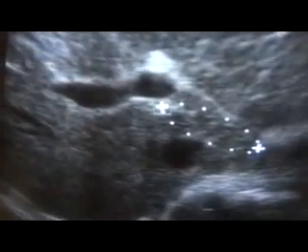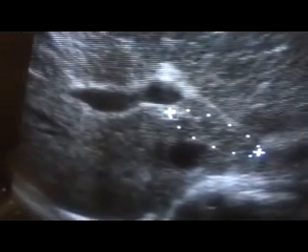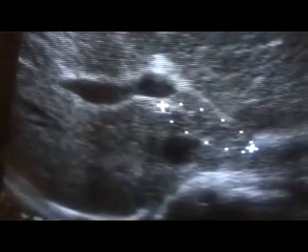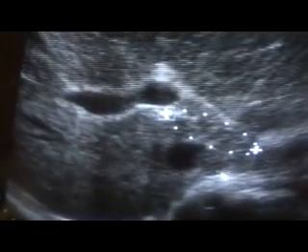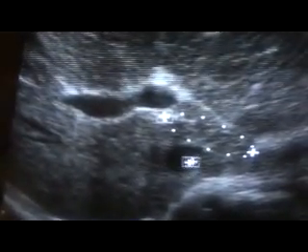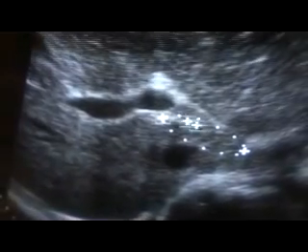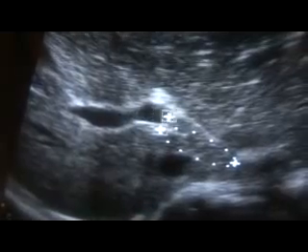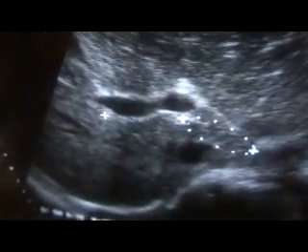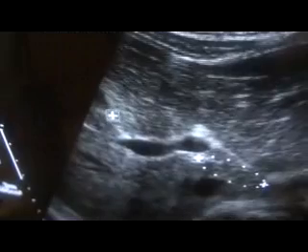So when you scan the left lobe of the liver in transverse section, you will see the ligamentum venosum, and the transverse section of the IVC, and in between will be the caudate lobe of the liver. This is the left portal vein, right portal vein, main lobar fissure or interlobar fissure, gallbladder.